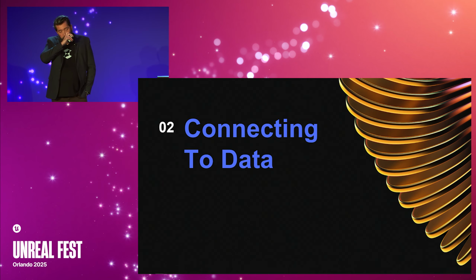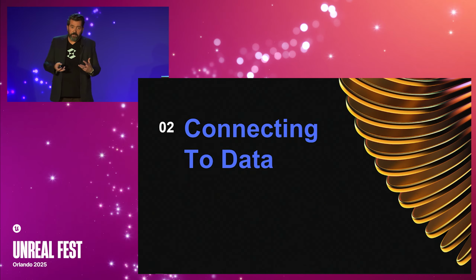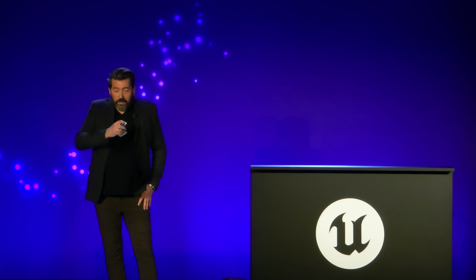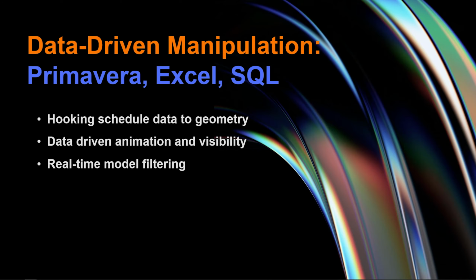So now that we've got all of this information in, we've got it all tagged appropriately, we've got all the data that we need in the BIM model to do something with it. We now have to connect it to data. And to do this, we're typically merging multiple data sources, whether it's Primavera scheduling data.